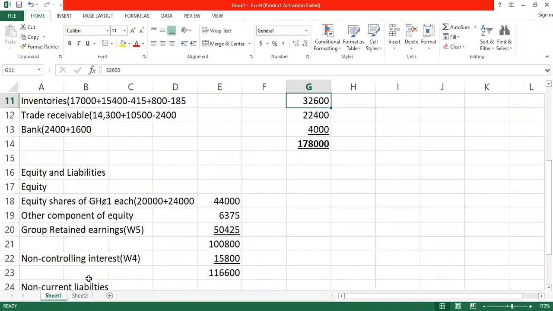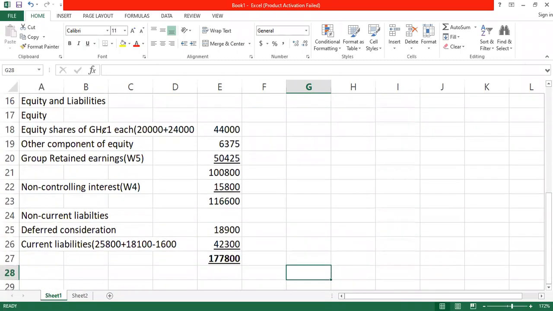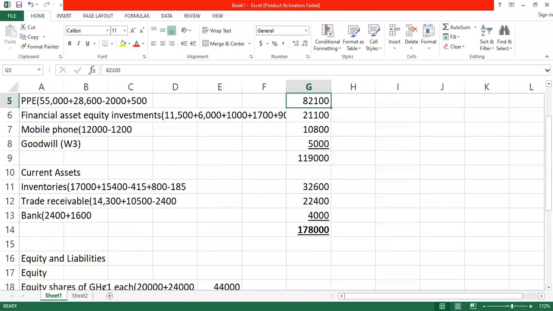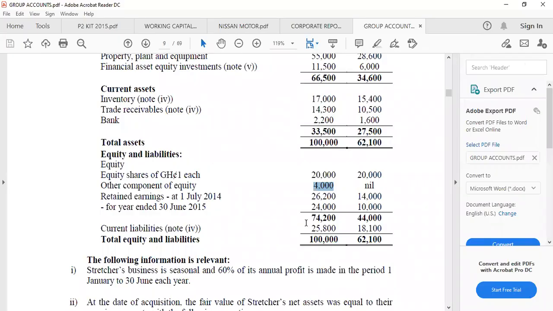Where is the 200 coming from? Can someone mention the figures one by one for me? 25,800.